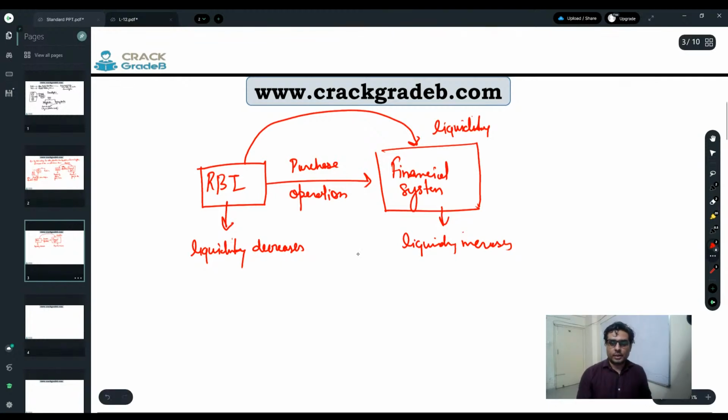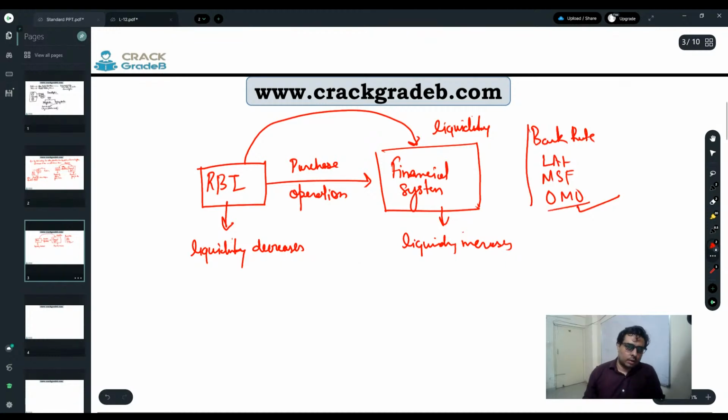Which of the following is going to be more effective? Bank rate, LAF, MSF, or OMO? The answer is OMO. Why? OMO is open market operation, so for the entire financial system, this is the most effective tool. Fine. Got this clarity?